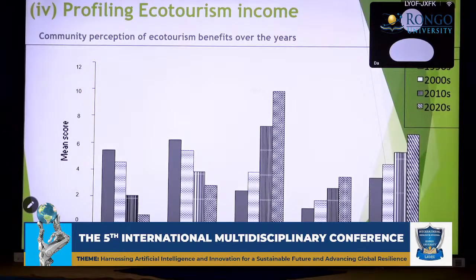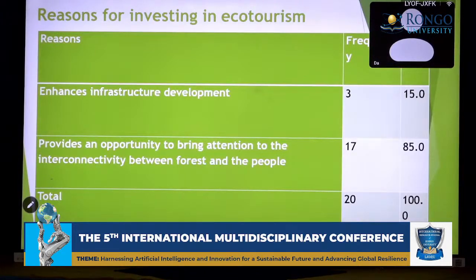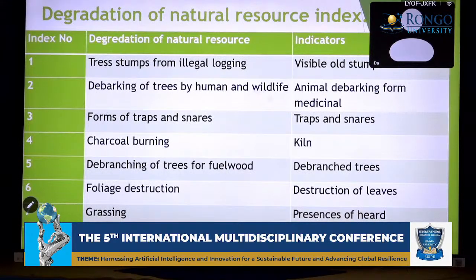We also looked at the biodiversity score. We also looked at what I call the natural resources that are also in this category. Then we looked at the degradation of natural resource, the index of degradation. This is the crux of the matter, the degradation of natural resources and the indicators for the degradation.